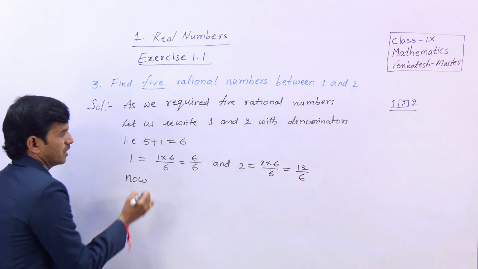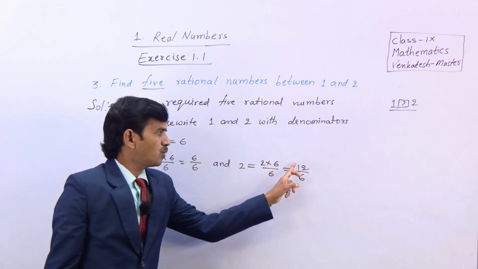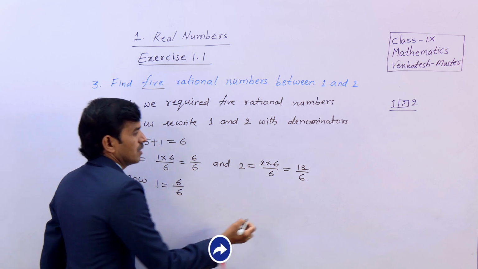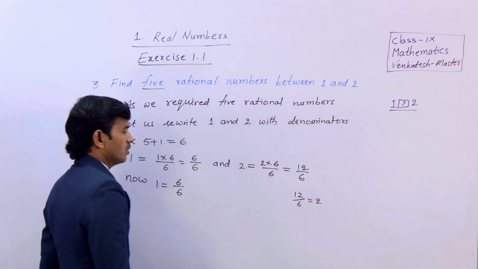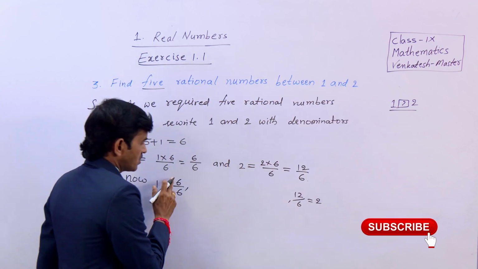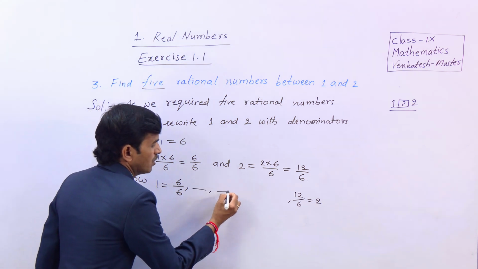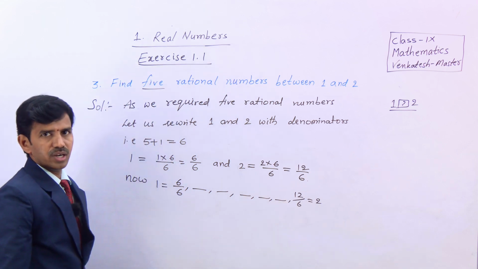Now see that there are two numbers, 6 by 6 and 12 by 6. So 1 is nothing but 6 by 6 and 2 is nothing but 12 by 6, which is equal to 2. Here between 6 by 6 and 12 by 6, how many numbers should we write? 1, 2, 3, 4, 5 numbers are required.